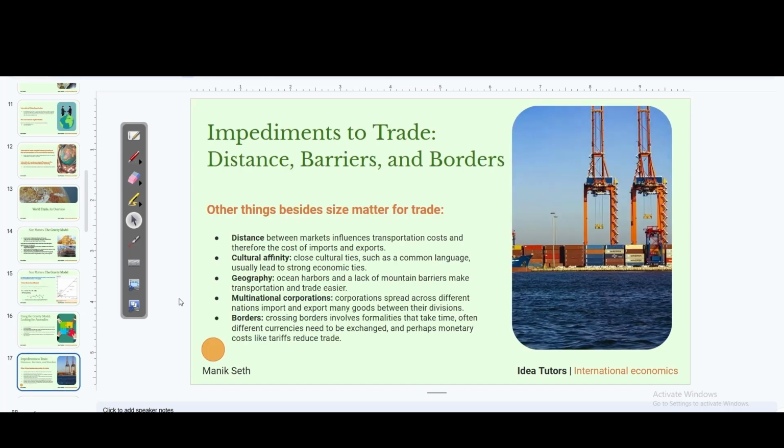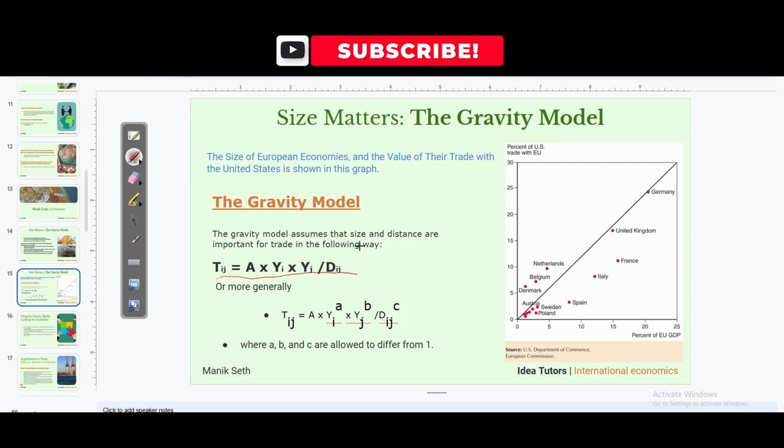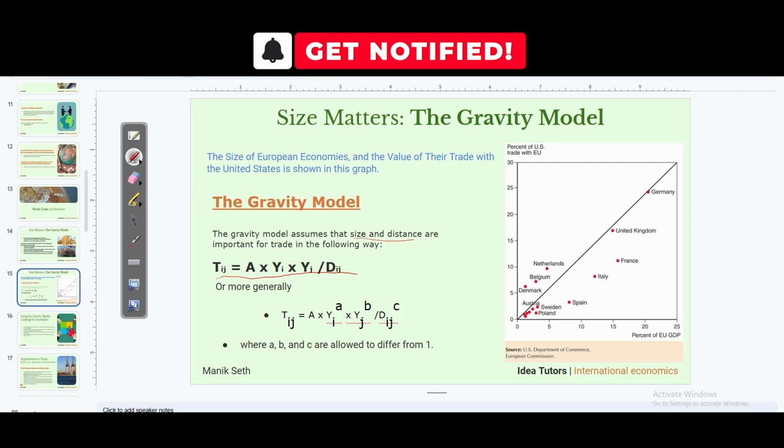But before going into those reasons, let's first look at the gravity model, what it is. Here we can see this equation. The gravity model assumes, as I said, that size and distance are important for trade. According to the gravity model, size and distance are two important factors for trade, and this is the equation.